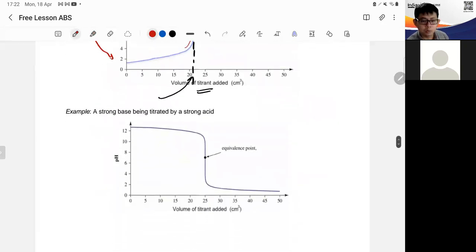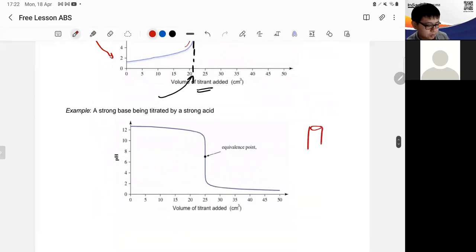If I flip it around, if initially my conical flask contains a strong base, the pH will start at 13 or 12 or something. Then I titrate until I reach here, that one drop that causes the color change and the pH to go crazy. It just dives down to the acid. The mark here is me having added enough from the burette to neutralize it completely.